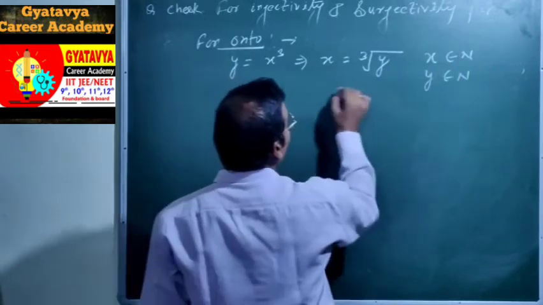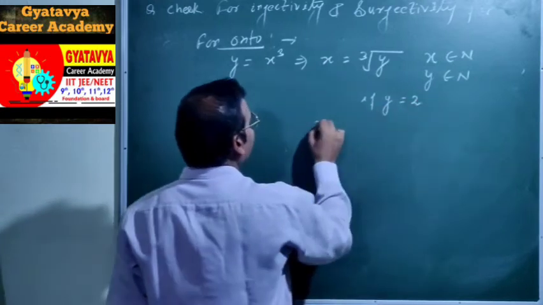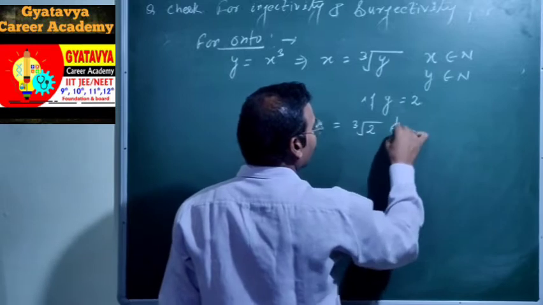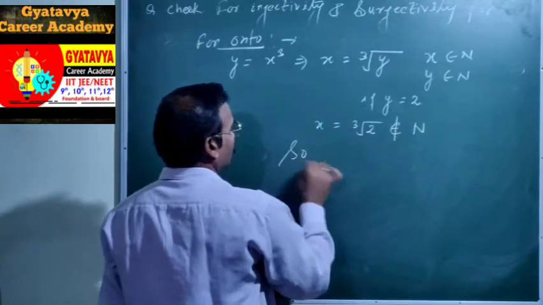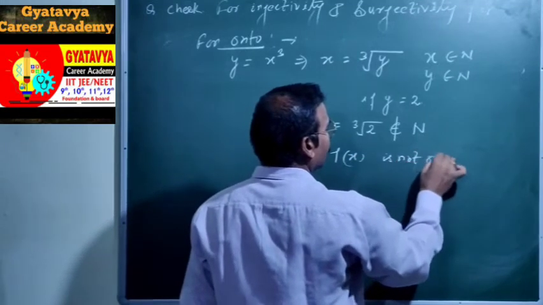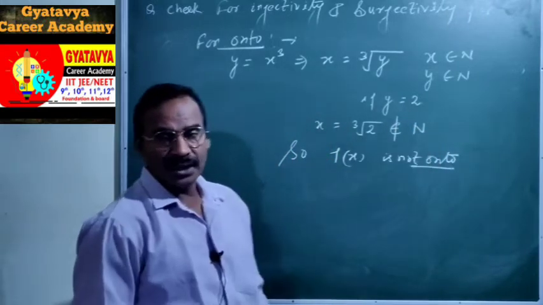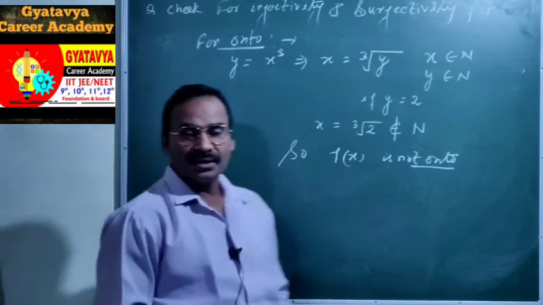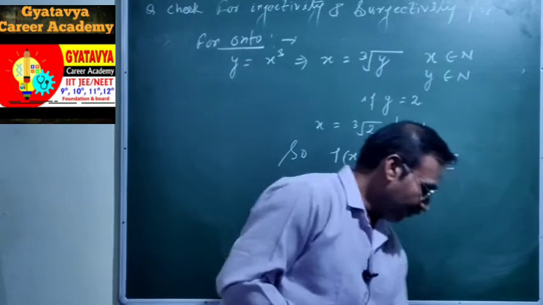So if we take y equal to 2, then x equal to cube root of 2 doesn't belong to the natural numbers. So f(x) is not onto. The fifth question, the last question, is just for you. Just try to solve it.